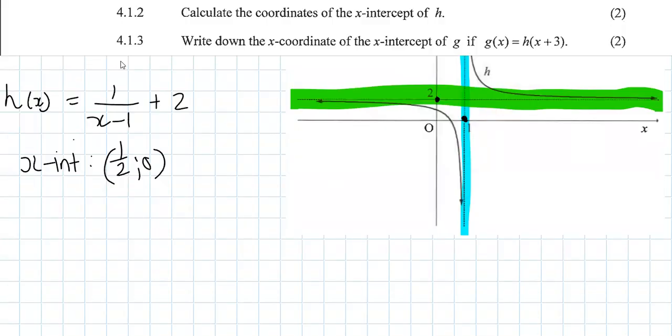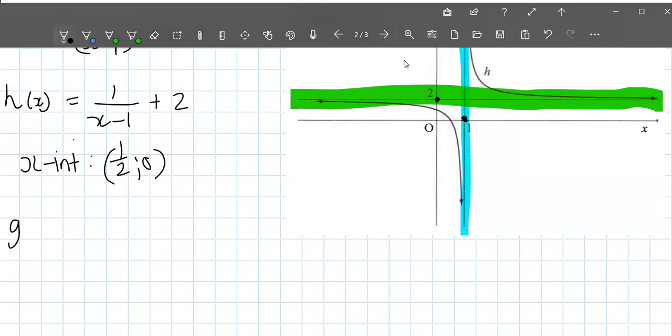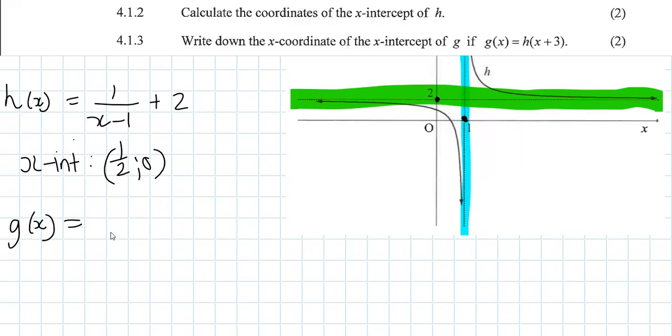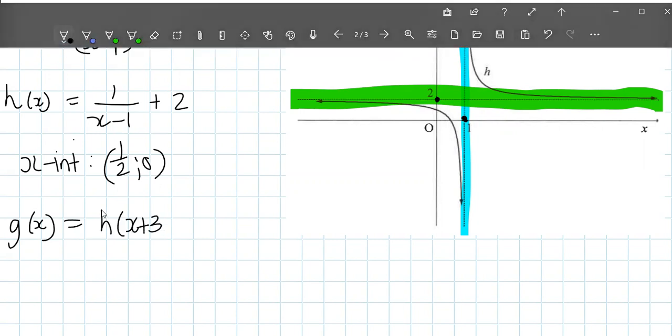Number 4.1.3, calculate the x-coordinates of the x-intercept of g if g of x is h of x plus 3. So that's h of x that has been shifted by 3 units to the left. So how can we work this out? Well, if h of x is 1 over x minus 1, then our new g of x is equal to h of x plus 3.